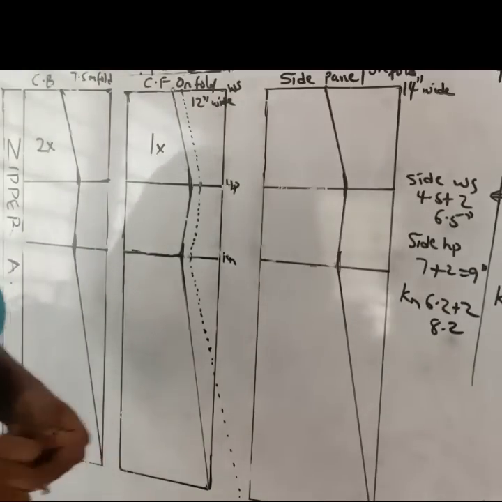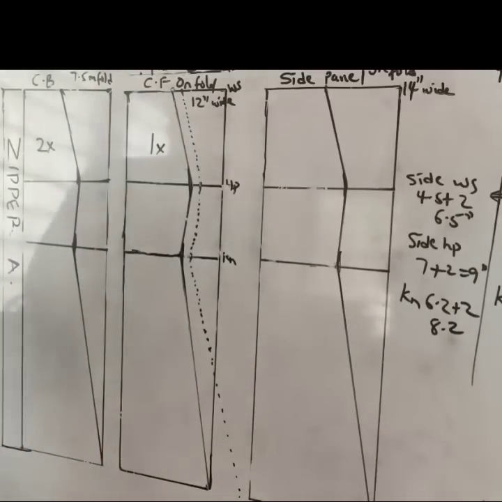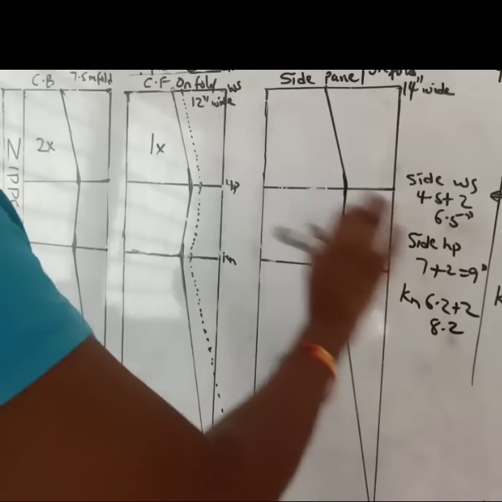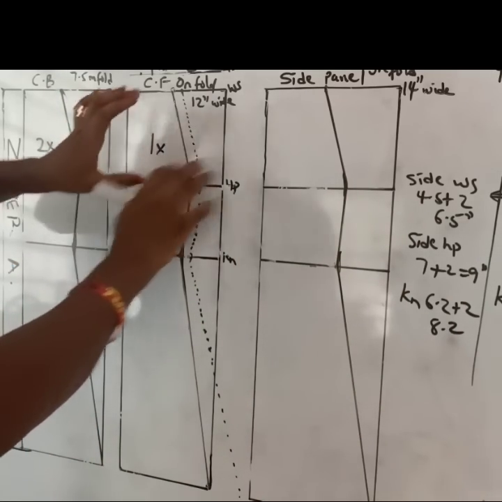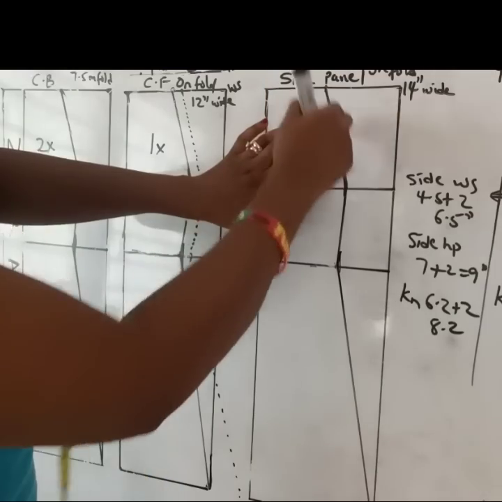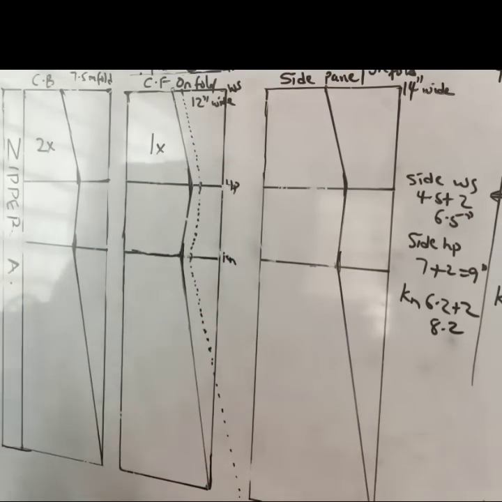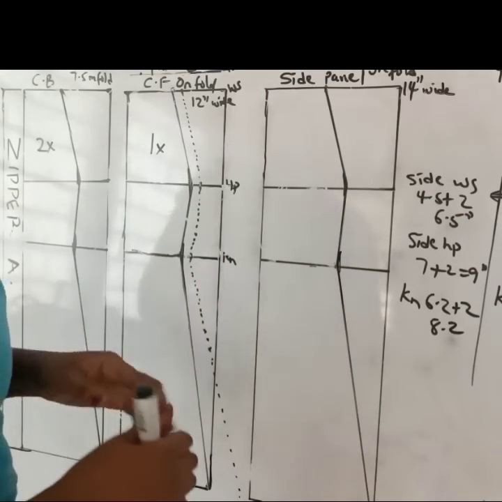So those are the 2 ways you can do the side panel. It is either you just use the calculation that we have done, or you place the center panel on top and just add the same allowance to the side, and then you have your side panel.